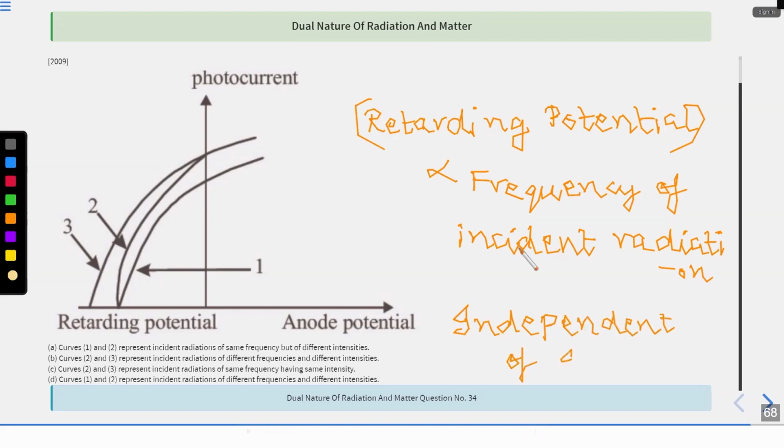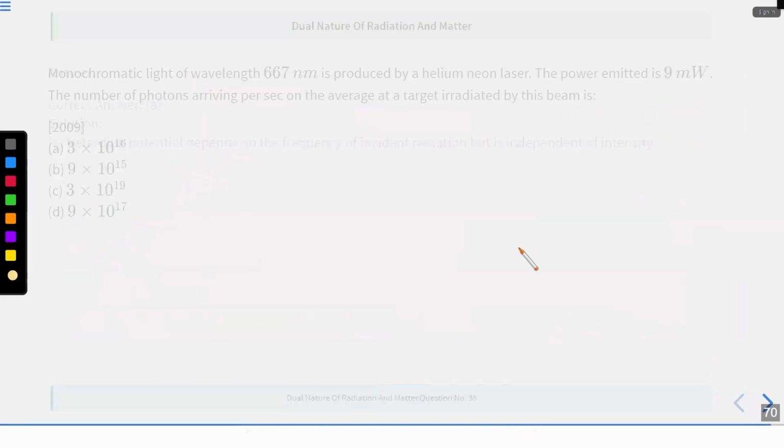So therefore, I can tell that my option A is the right answer. That is, curves 1 and 2 represent incident radiations of the same frequency but of different intensities. Okay, let's move on to the next question.